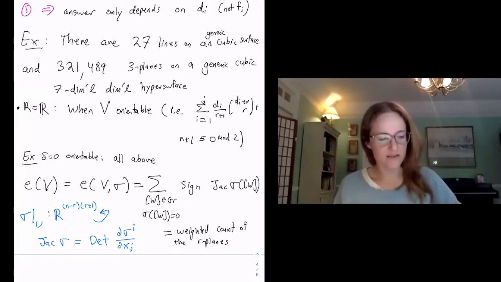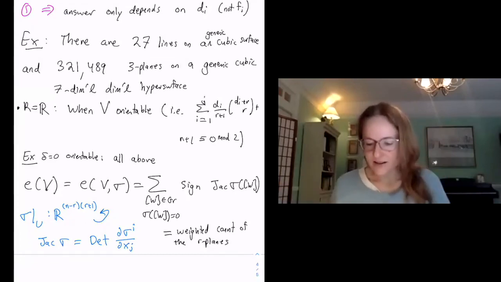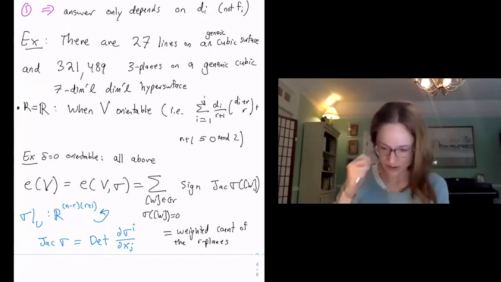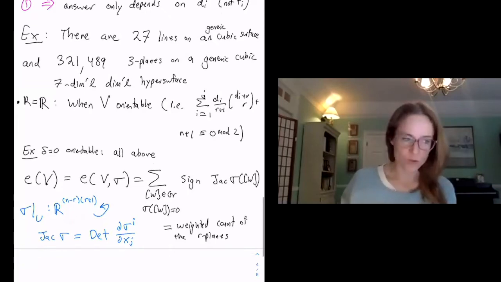While the number of R-planes can vary from, say, a generic 7-dimensional cubic hypersurface to another 7-dimensional generic cubic hypersurface, there is some signed count of these 3-planes, which doesn't.